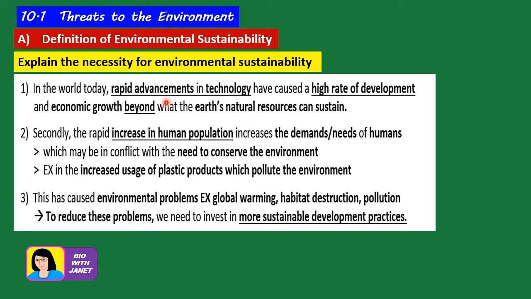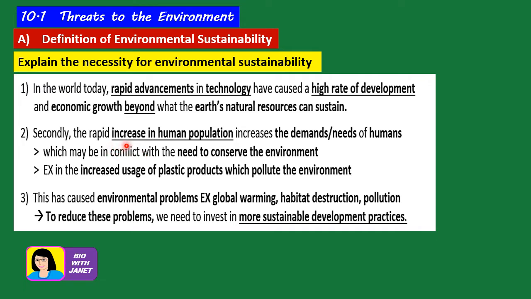So in the world today, rapid advancements in technology have caused a high rate of development and economic growth beyond what our Earth's natural resources can sustain. For example, in the building of new townships and construction of factories, right? Okay, so these are examples of development.